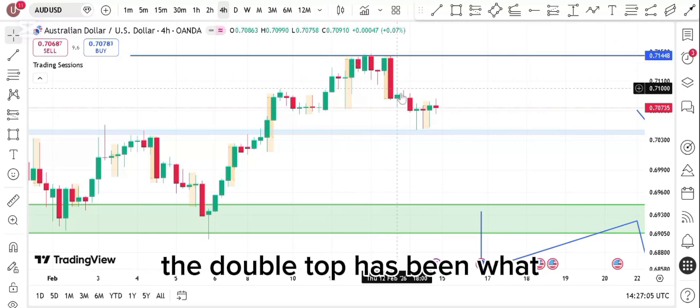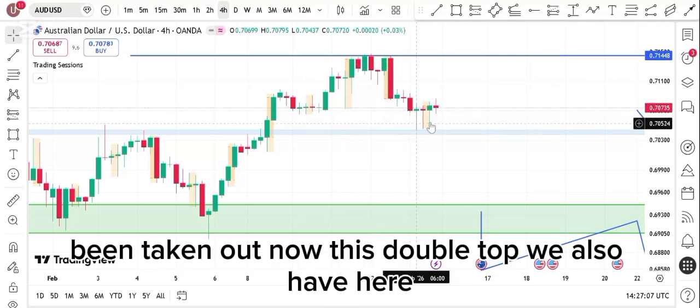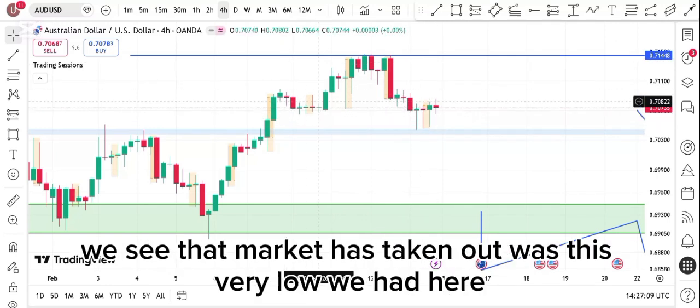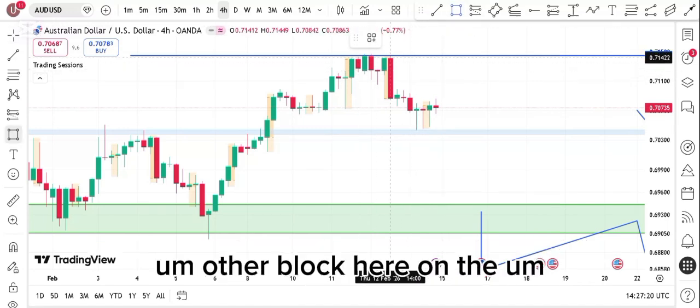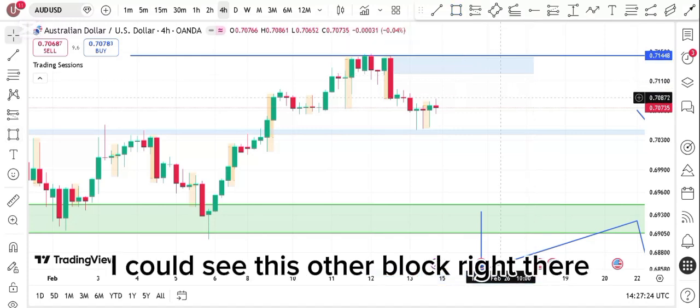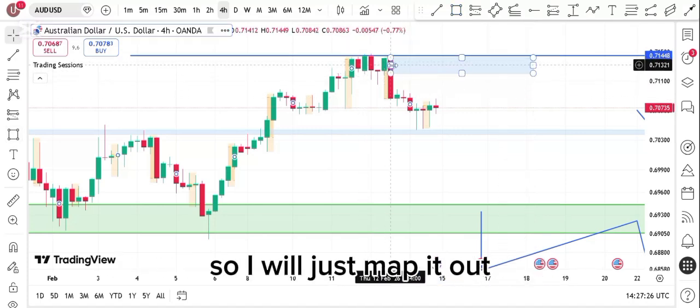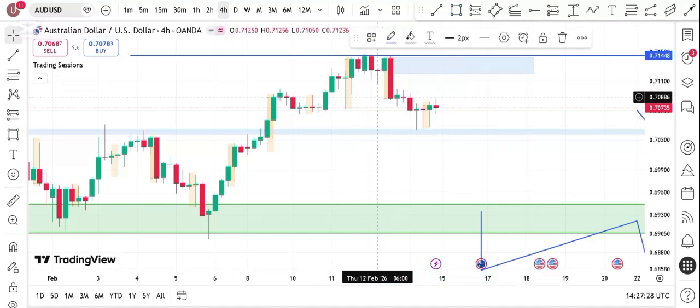The double top has been taken out. We also see that the market has taken out this very low we had here. Now if we got a push up back into this region, I will draw this other block here on the H4. I could see this other block right there, so I will just map it out.